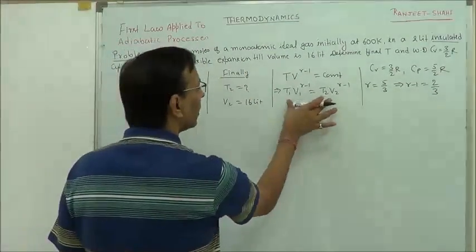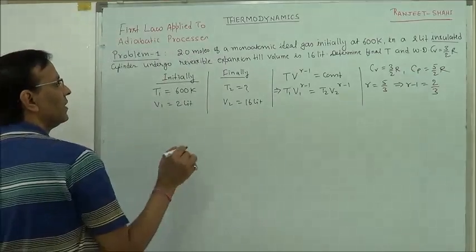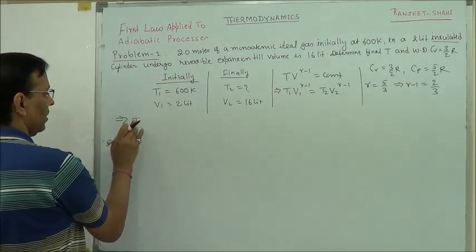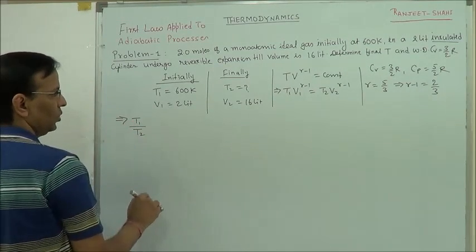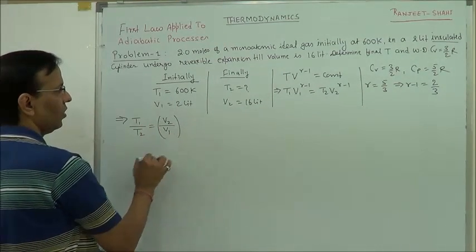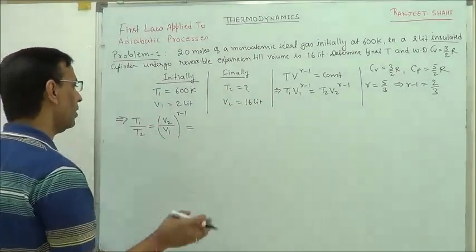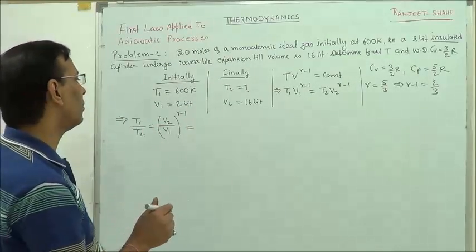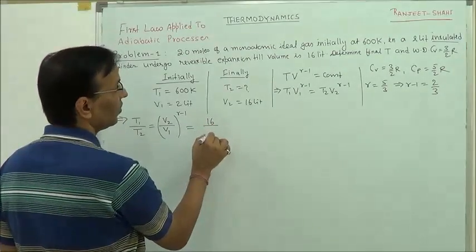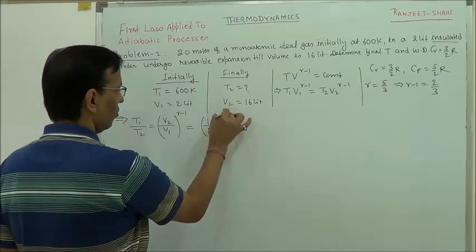Now if we solve this for T2, we find that T1 upon T2 will be equal to (V2 upon V1) raised to the power gamma minus 1. If we substitute the value of volumes and gamma minus 1, what we find? V2 is 16 upon V1 is 2 liter, raised to the power 2 by 3.